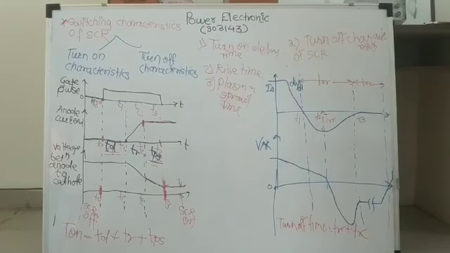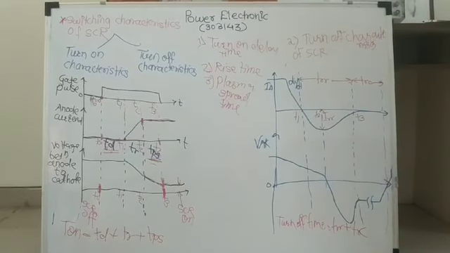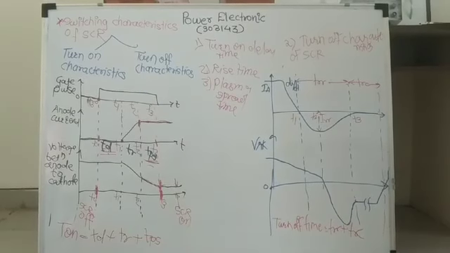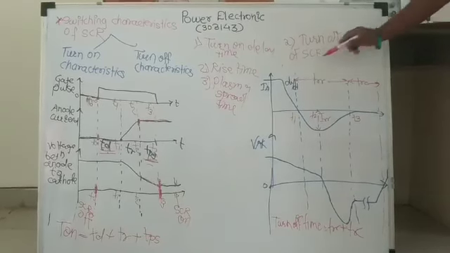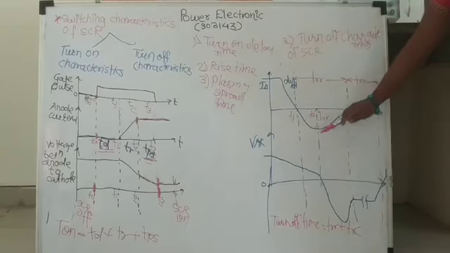Now, see, what is the condition of turn on? The condition of turn on is that anode current should be high and voltage should be low. This is your turn on condition. Now, observe here anode current is very high and voltage is small.